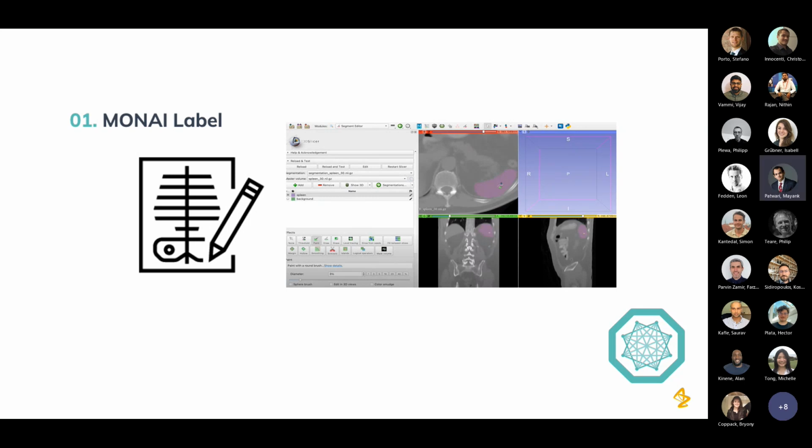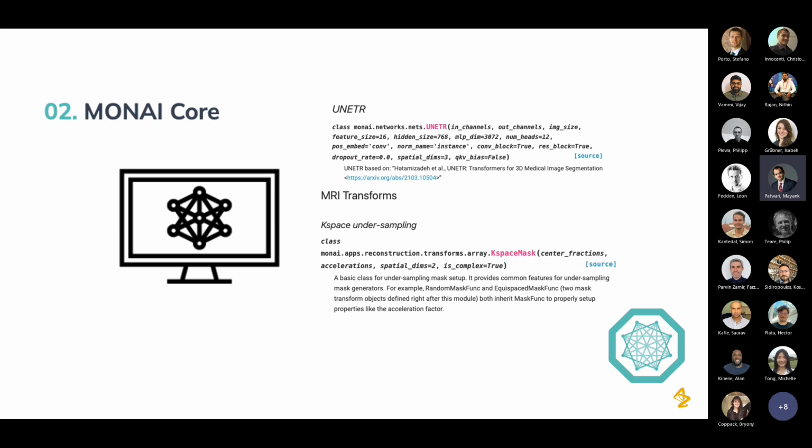The second part, MONAI Core, which was the original idea behind MONAI. So what MONAI Core does is it implements a lot of neural networks, it implements dataset structures, and it implements specific transforms, which are very necessary for medical imaging. For example, the UNet-R, it's a UNet which uses the transformer technology, which has recently become popular because of things like ChatGPT.